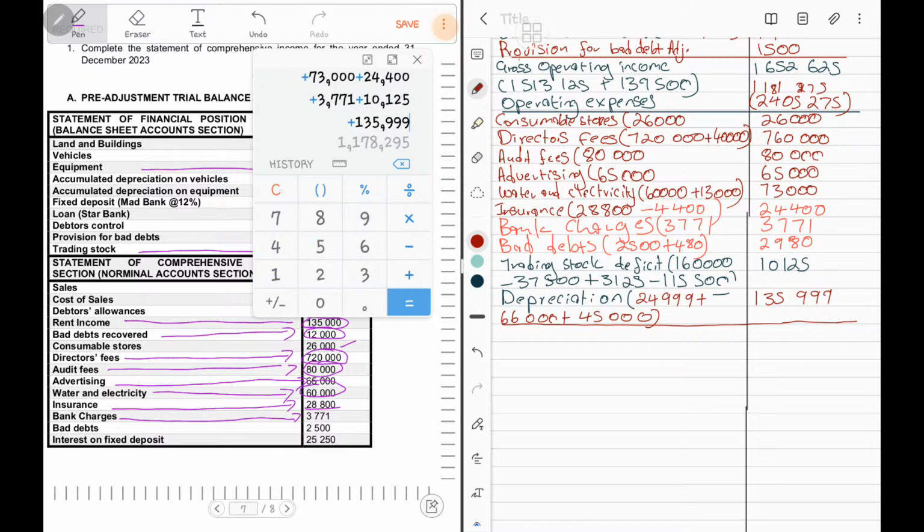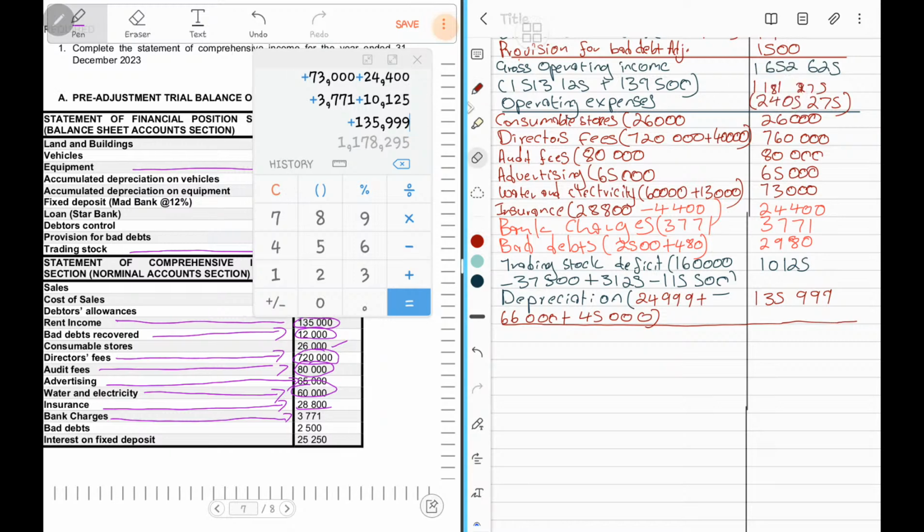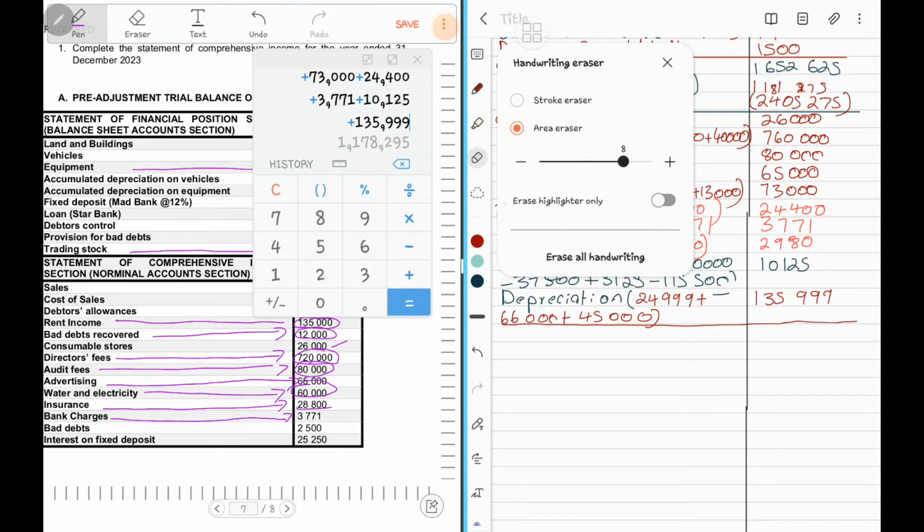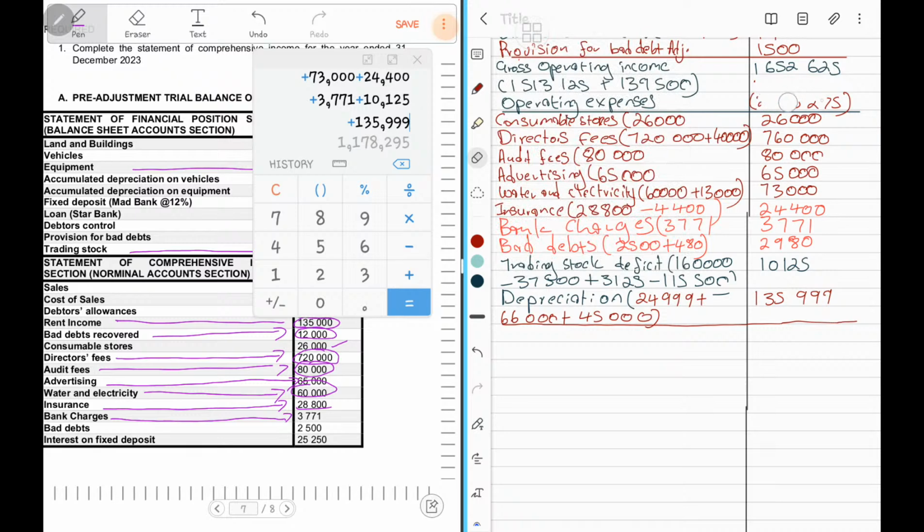Different number each time I'm calculating. Why is it like this? Each time I calculate, I get different numbers. So let me just erase them here and recalculate again up until I find the same number.